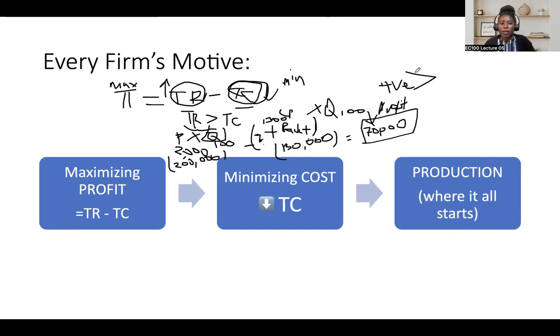When we get to profits, we'll see that they're constrained. In as much as every firm wants to maximize profit, they cannot just do it anyhow. We'll see later in detail that they're being limited.